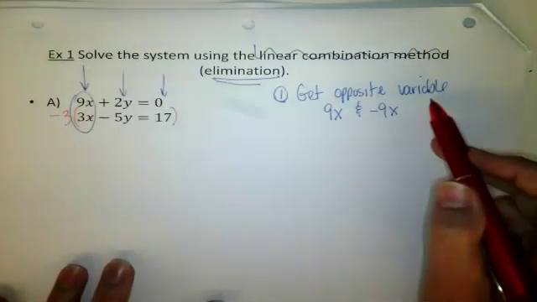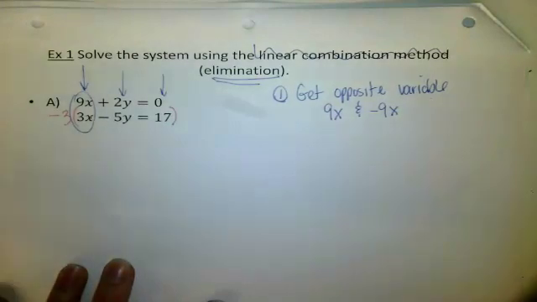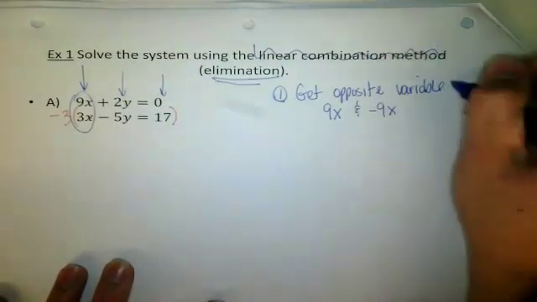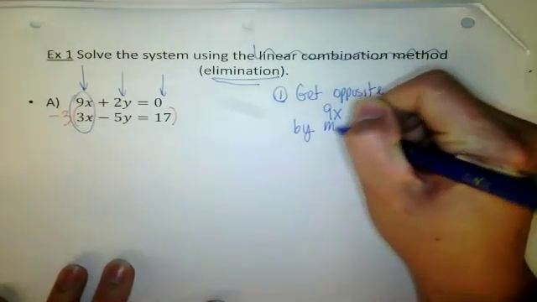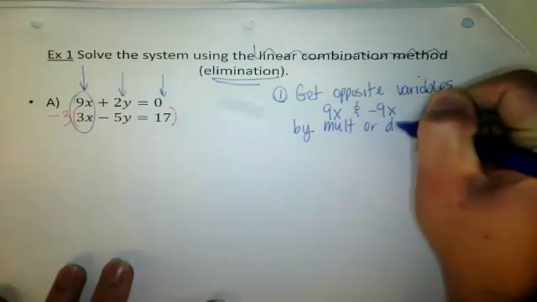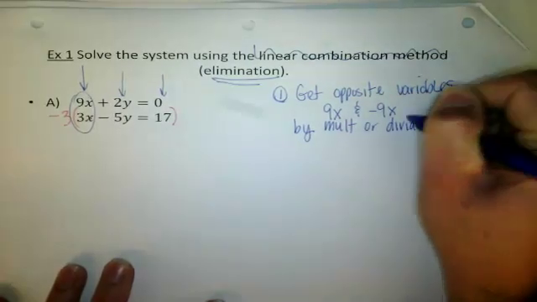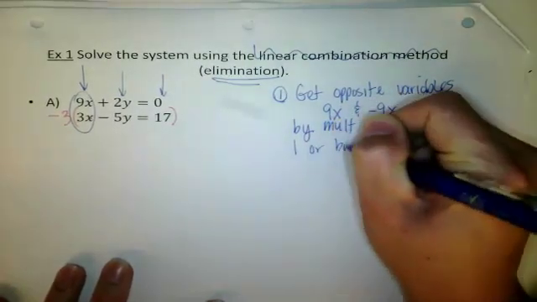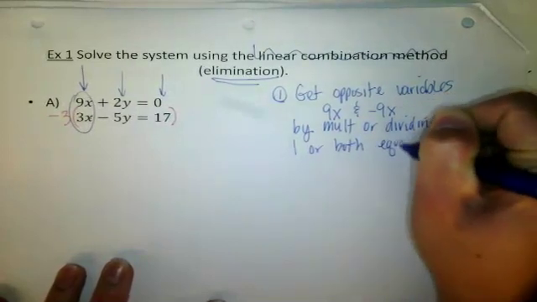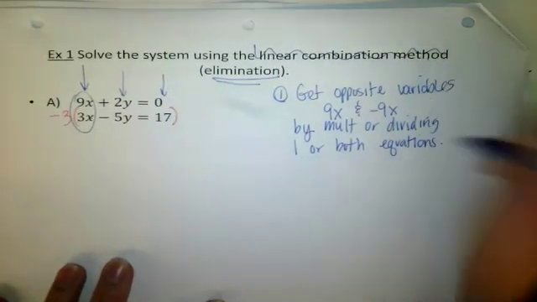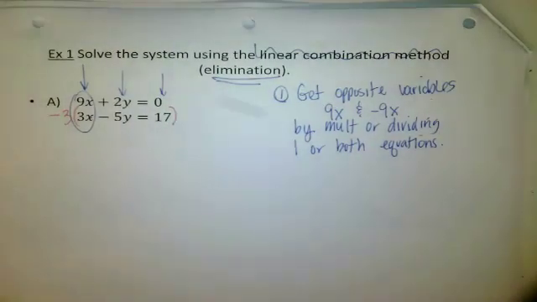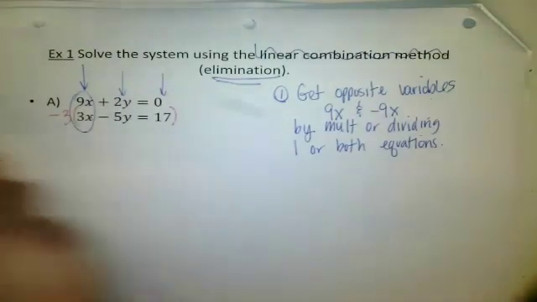So we're going to get opposite variables by multiplying or dividing one or both equations. We can multiply or divide by any number we want. We can multiply through by positive 1, negative 1, a half, or divide by 4. It doesn't matter as long as we do it to every single term in the equation.